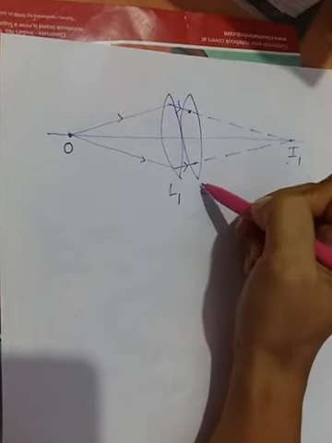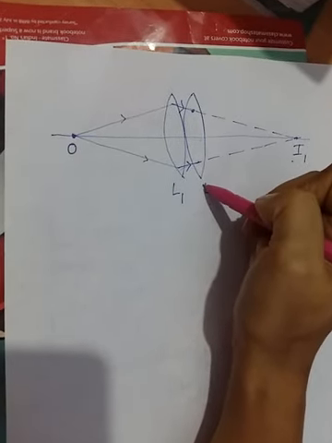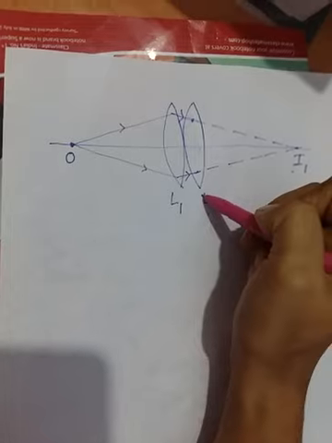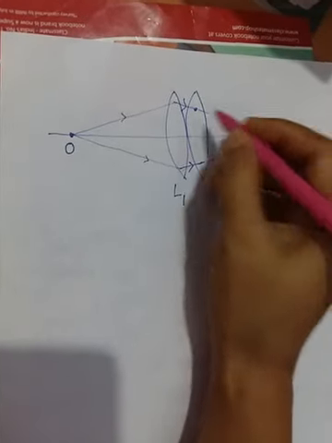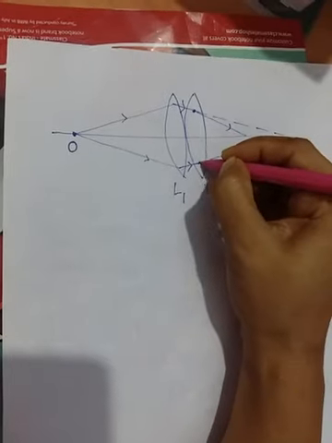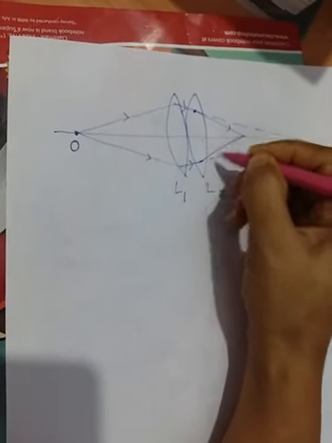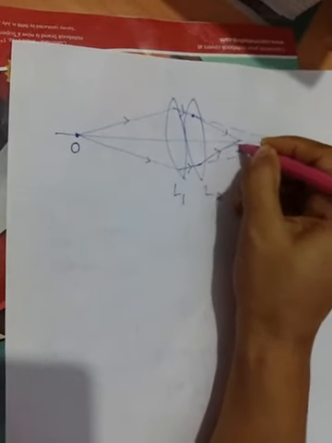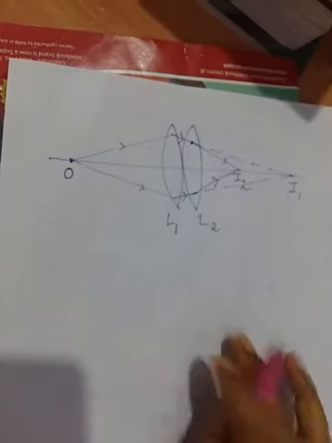Again, the nature of the lens is converging, so the rays of light converge again at a different point, which is your I2.